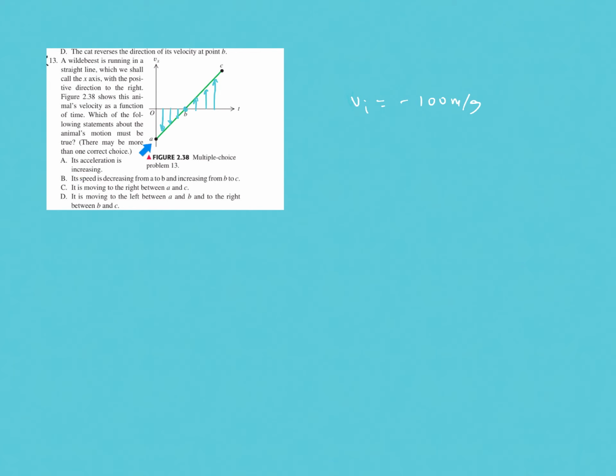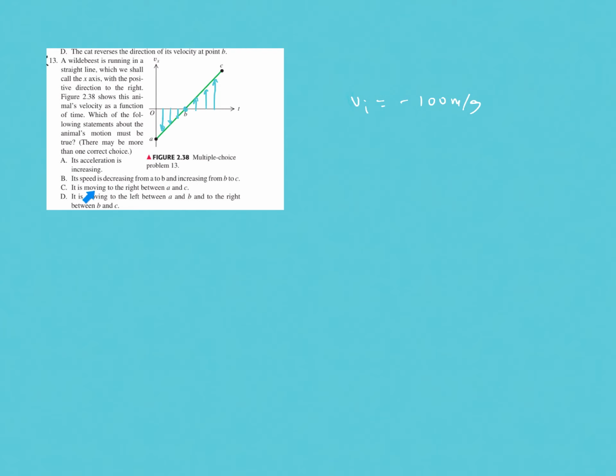No, this graph means that the change in velocity per unit of time is constant, because it's a rectilinear line. So his acceleration is not increasing. B: his speed is decreasing from A to B and increasing from B to C. No, his speed is always increasing.